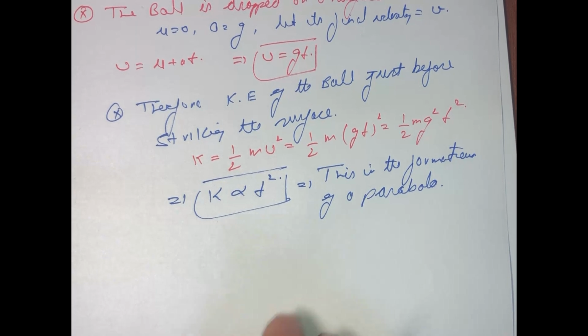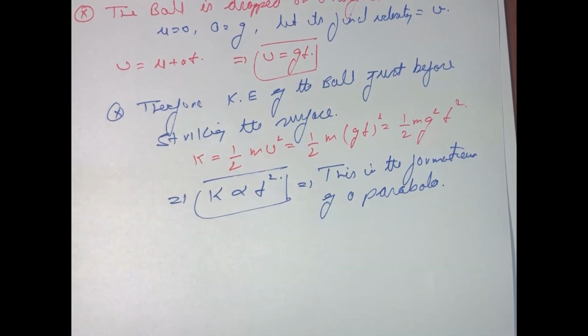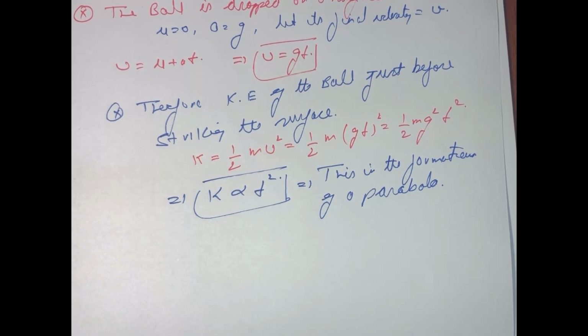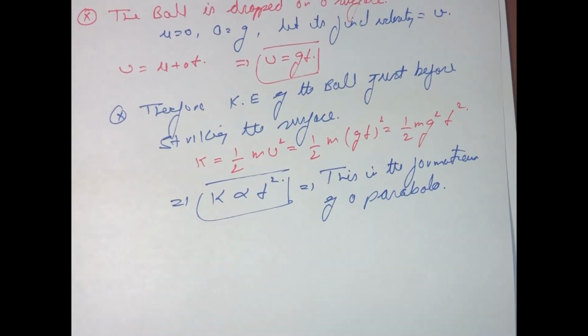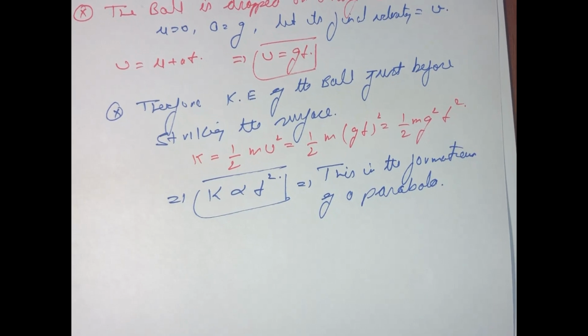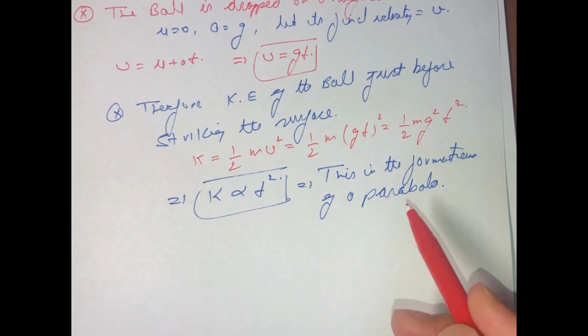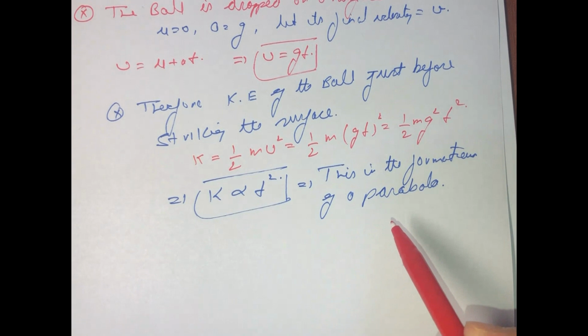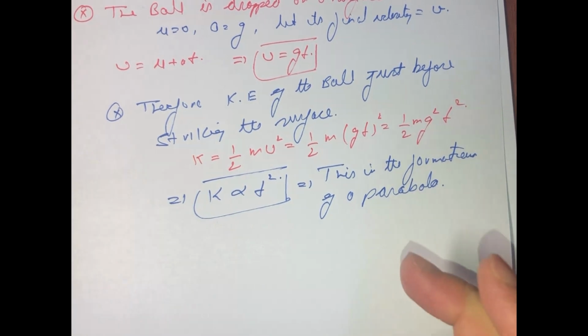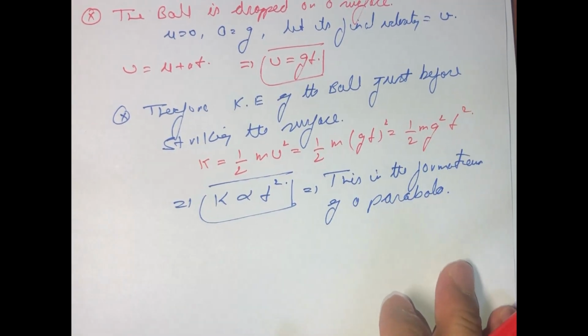Now, as this is the shape of the parabola, we can say that the shape of the graph as the ball strikes the surface will be in the shape of a parabola.